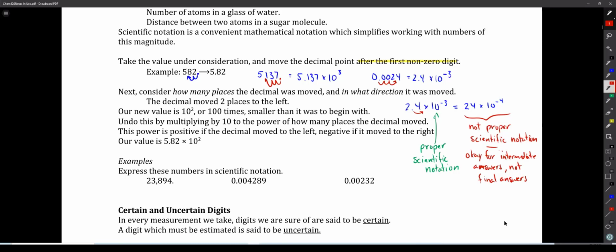When do we use scientific notation? Often it's a judgment call. First of all, if on an exam I specifically say, use scientific notation, you have to use scientific notation. But a lot of the time, it's just a matter of, does it look like it makes sense or does it not make sense? Usually what I say on exams is to use scientific notation in the following contexts.